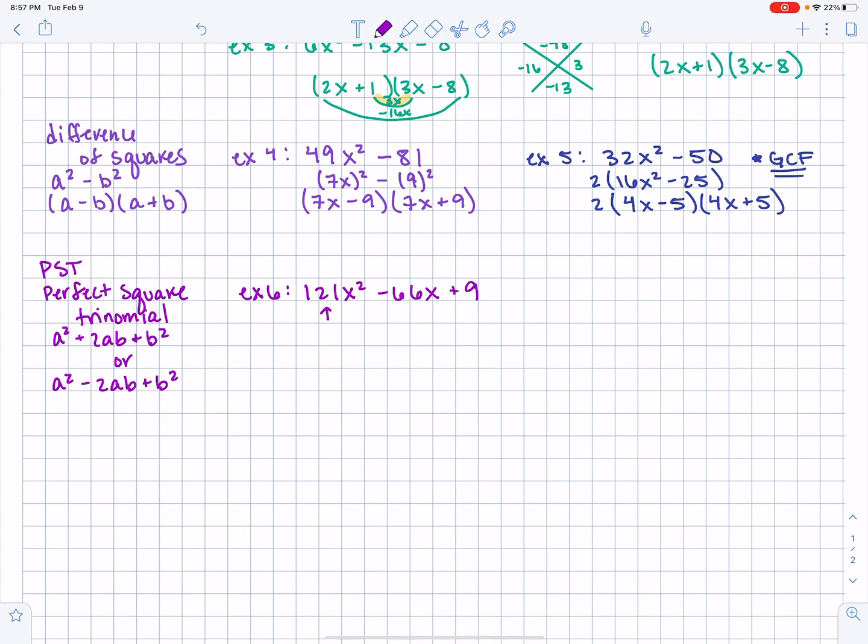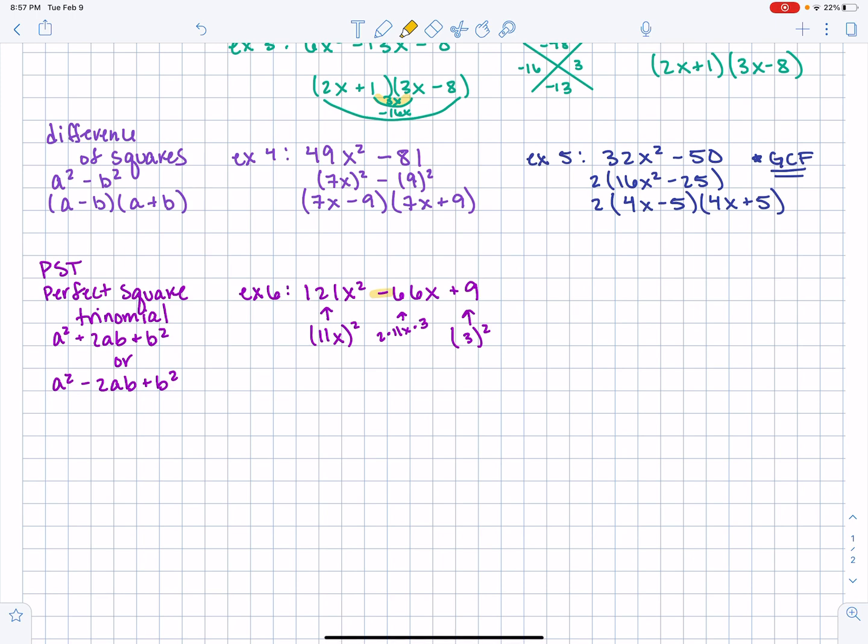But we do notice that 11x squared gets you 121x squared, and 3 squared gets you 9. So we're just going to do a little bit of a check here, and for sure we have 2 times 11x times 3 is going to get you that 66x. We just have to watch our sign here.